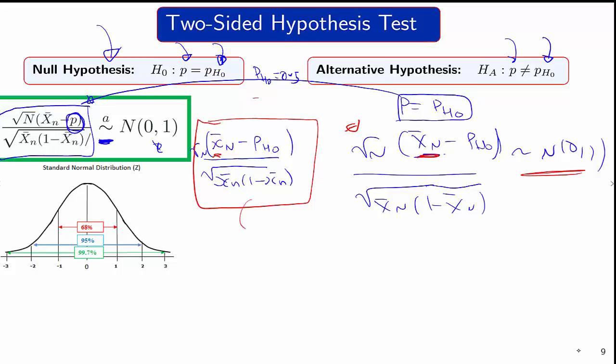Say, for example, this statistic was 5. Then the probability that we'd observe a draw of 5 from a normal distribution is very, very small. We can see the probability of observing anything bigger than 3 or minus 3 is less than 1%. It's very, very small for a normal(0,1).